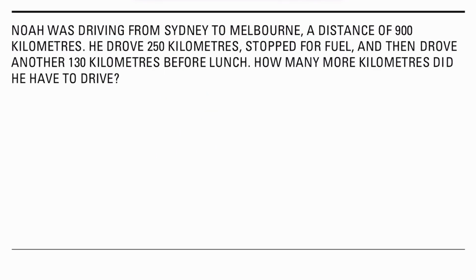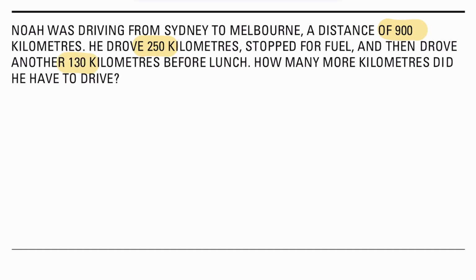Noah was driving from Sydney to Melbourne, a distance of 900 kilometres. He drove 250 kilometres, stopped for fuel, and then drove another 130 kilometres before lunch. How many more kilometres did he have to drive? And so this one seems a little bit tricky. So we've got a couple of numbers. So we've got 900 kilometres, 250 kilometres, and then 130 kilometres.